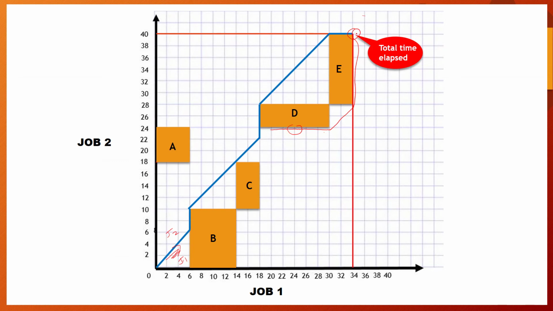Once we are done with this, the main question is that we need to find out the total elapsed time, and on which machine job 1 is first and on which machines job 2 is first. We need to remember that when we have the x and y axis like this, here we'll have job 1 and here we'll have job 2.